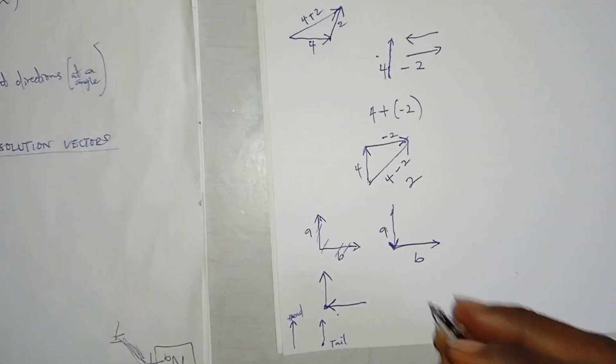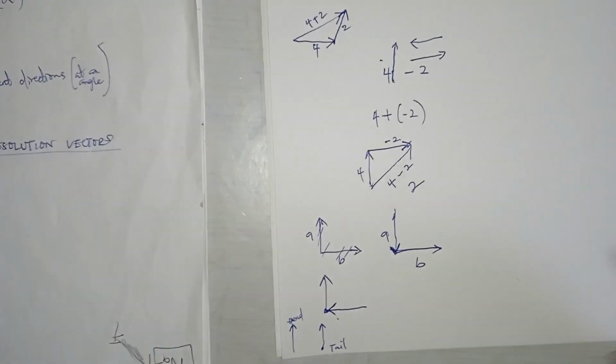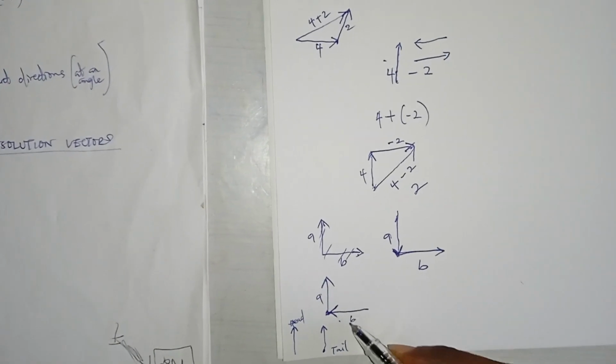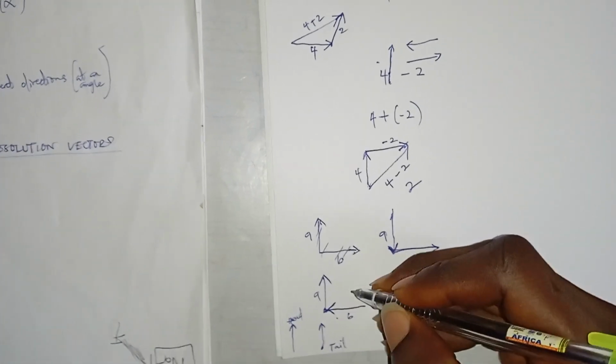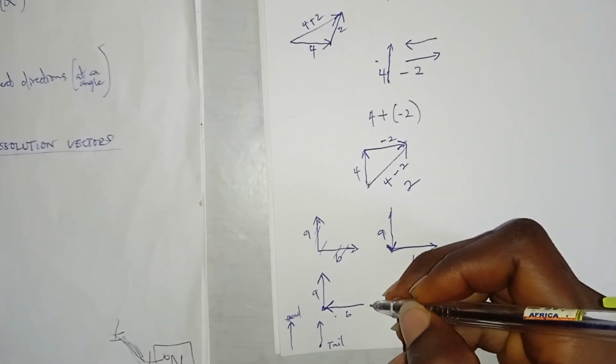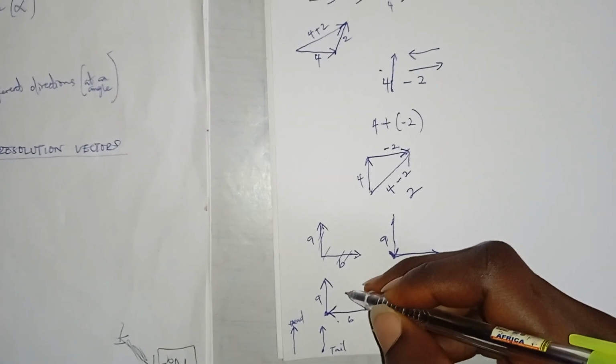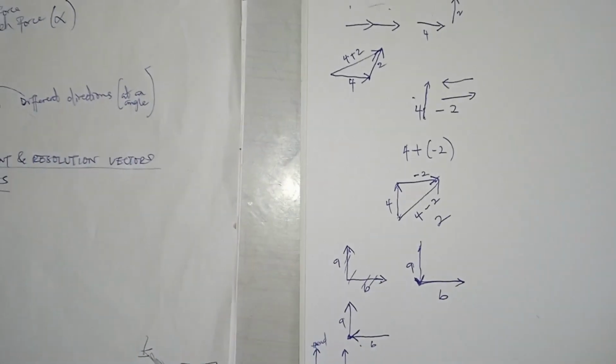So if that be the case, it says two vectors A and B can be found using the two sides of a triangle, and the resultant is placed in the opposite direction.